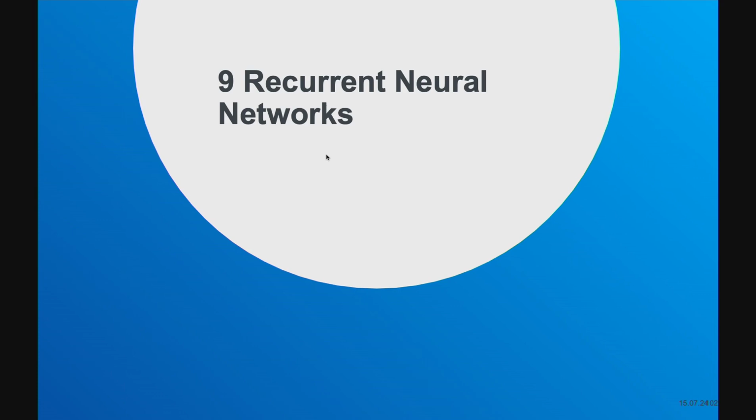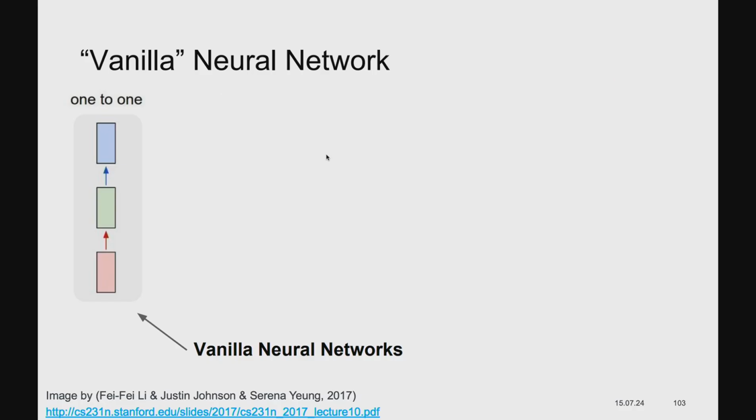Okay, so this is already one important class, CNNs. Now another very important class are RNNs. What we have seen so far is some input being processed by multiple layers, and we have an output for that.